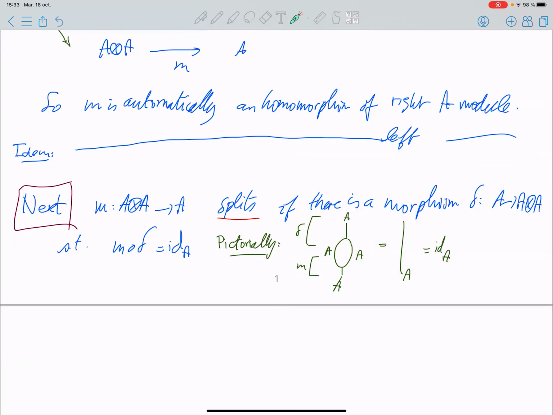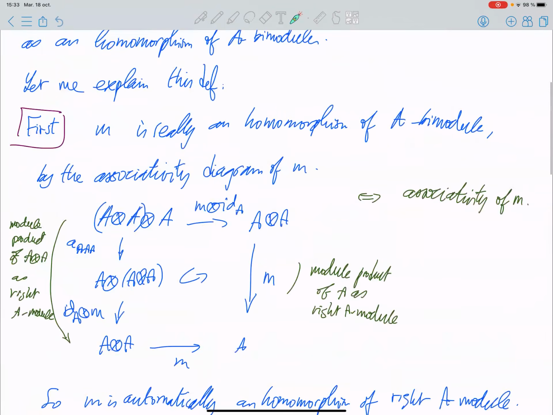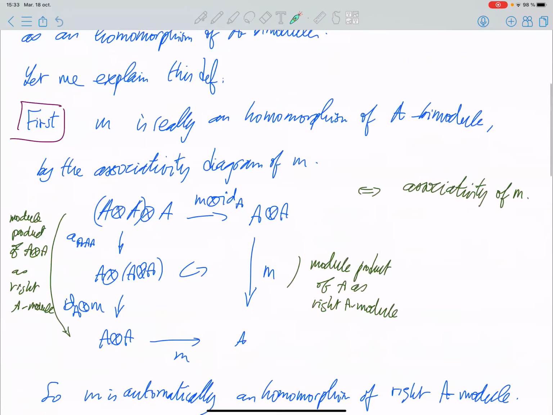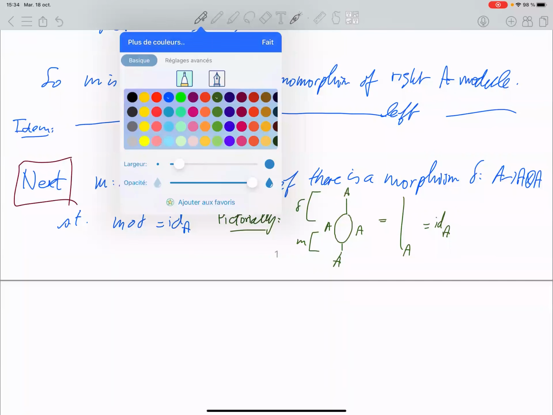So we know what is split, and now we want M to split as a bimodule homomorphism. So we need also the delta to be an A bimodule homomorphism. So we have this extra assumption on delta.